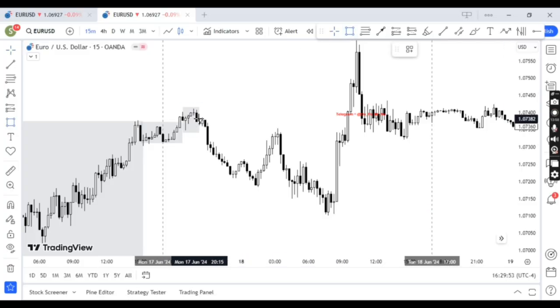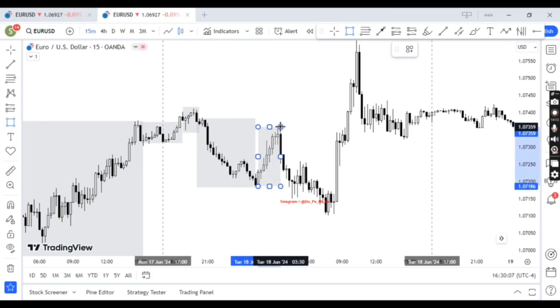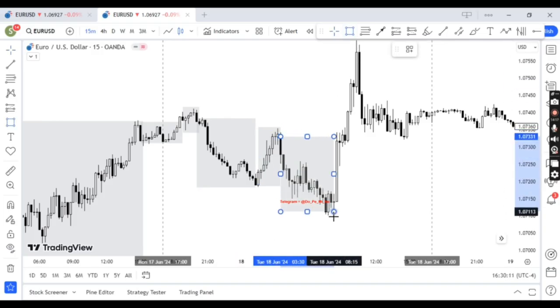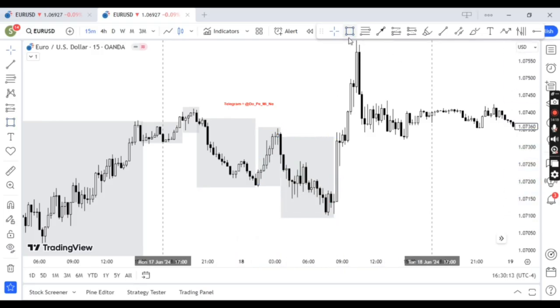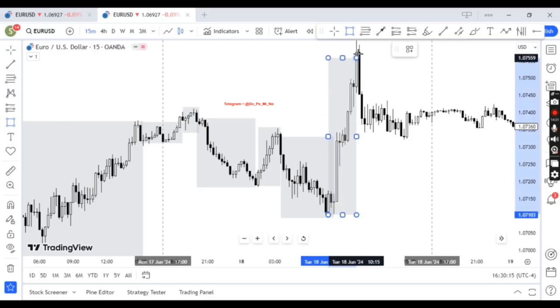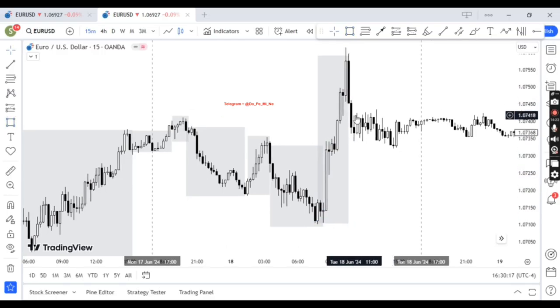And then what we had is first of all an expansion profile, right? Then after an expansion profile, as I said, we can have three possible outcomes: either a ranging profile or a reversal or a retracement, which in this case was a retracement. And then after retracement we had an expansion, and then after expansion we had a reversal from here, and then we turn again into a ranging profile.